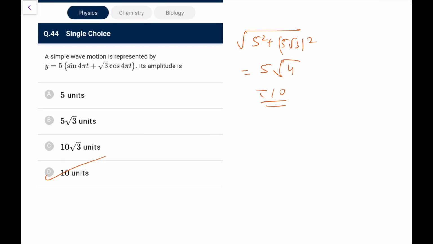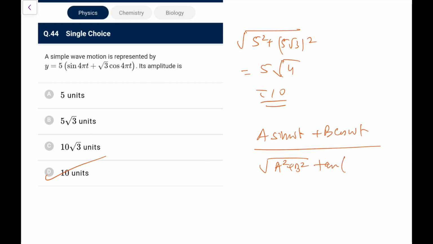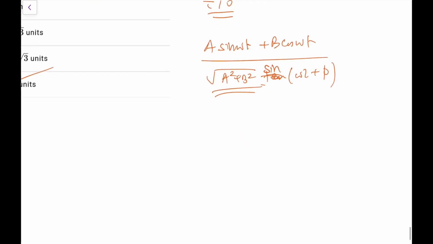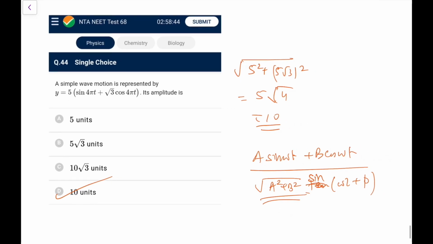This question you have done many times. Just remember for SHM, whenever you have a sin omega t plus b cos omega t, using rules of trigonometry you can say it can be written as root a square plus b square into sine of omega t plus phi. Phi also depends on a and b, so this is the amplitude, root a square plus b square. That is what I have used here.